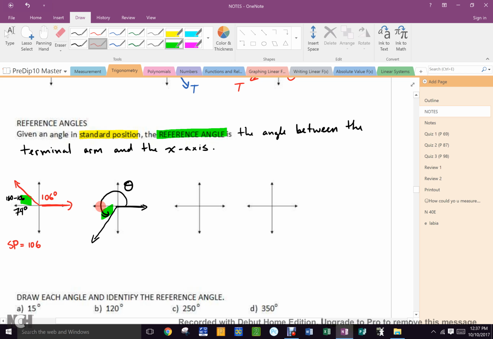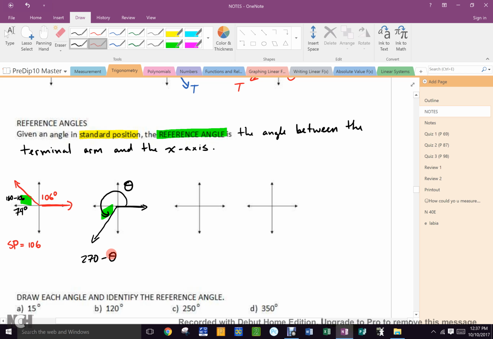How will you solve that? Byron. We estimate what the terminal arm is, and you subtract it from 270. 270 minus theta. Would that work? Yeah. Would it?